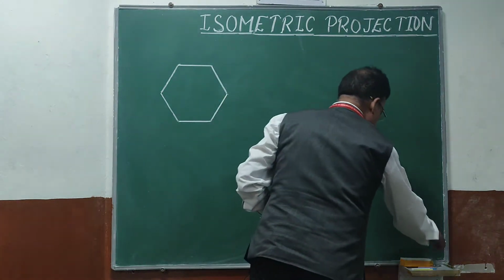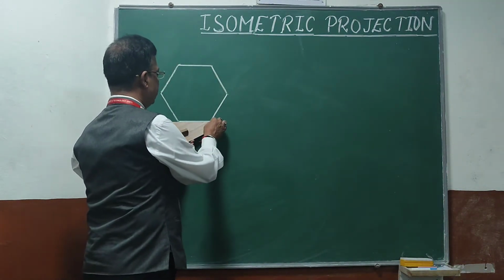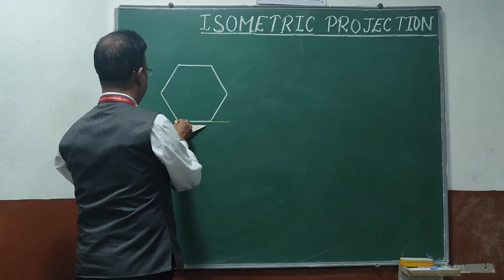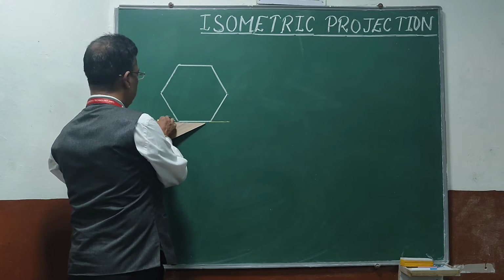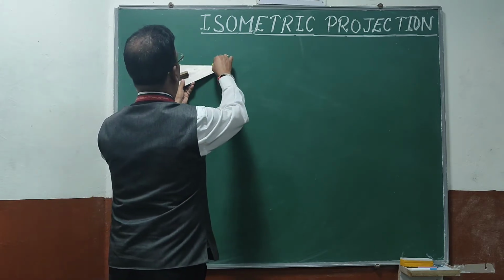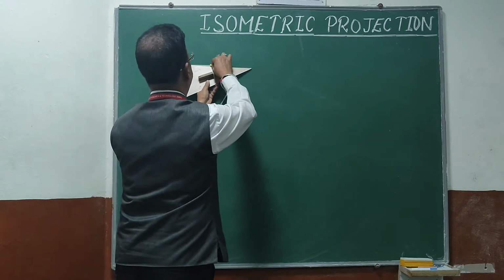So initially I am going to bound this figure inside a rectangle. For bounding it inside a rectangle, we will draw a line parallel from this line and bound this inside a rectangle like this.